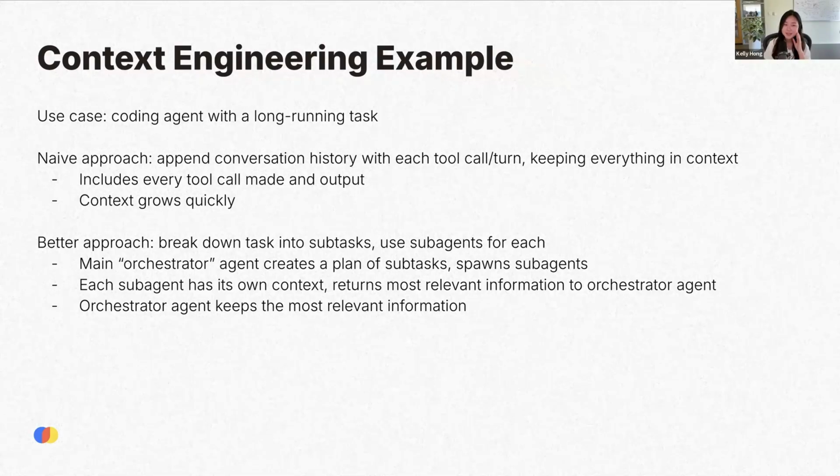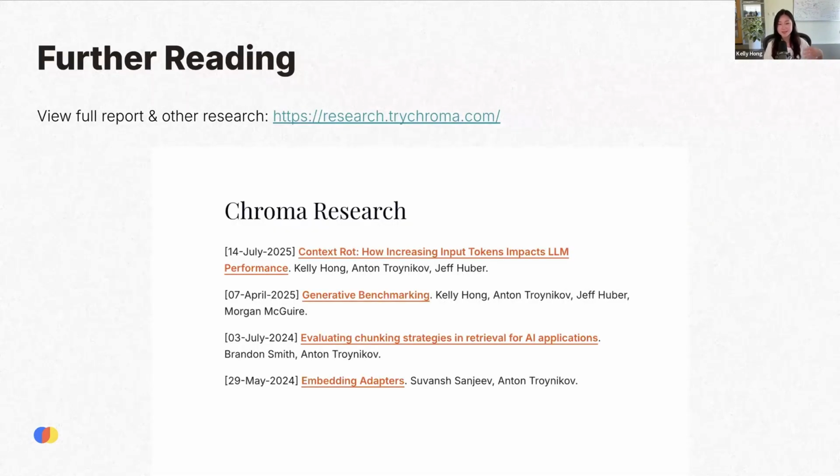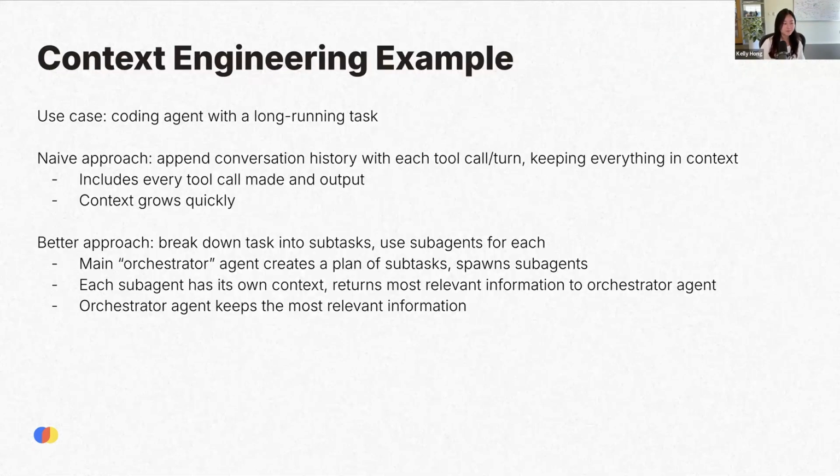Oh, so Chroma is a vector database company. Vector databases allow you to do semantic retrieval, and a very basic use case is if you're working with a large knowledge base, you could chunk that knowledge base and embed it into your vector database, and this allows you to do semantic search over it.